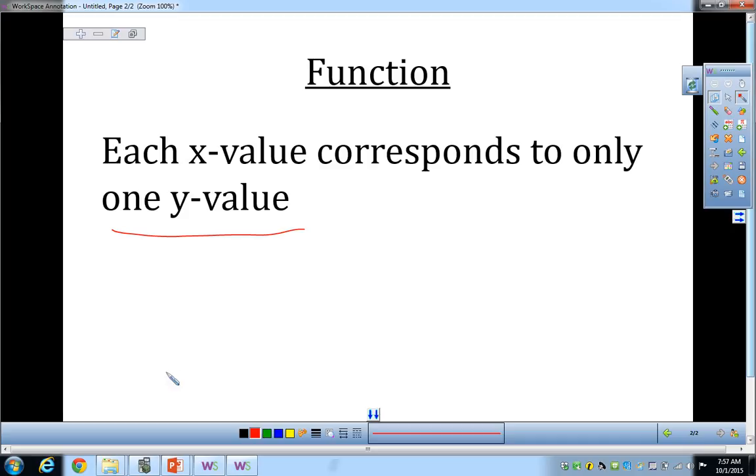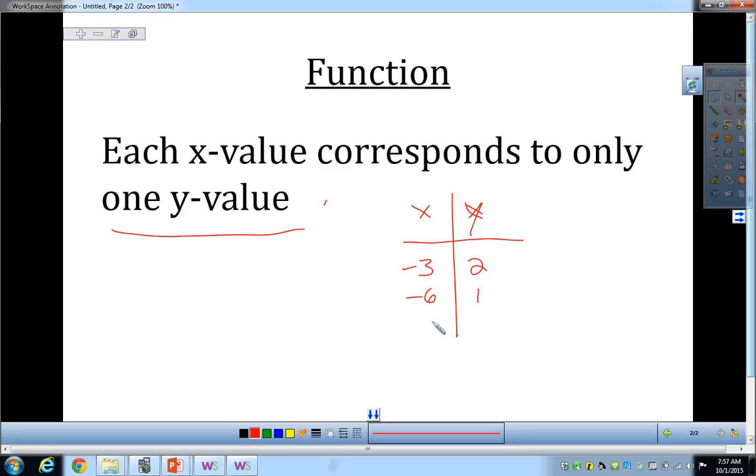A lot of times with functions, they'll have some x values over here and some y values over here, and make a little table. They'll say -3, you put it into some function, you get out 2. -6, you put it in, you get out 1. 4, you put it in, you also get out 2.